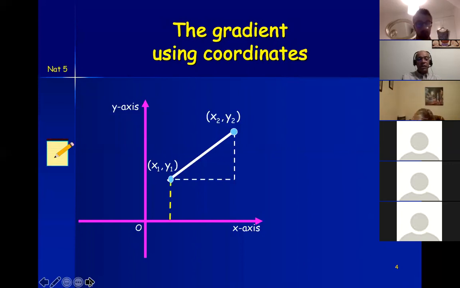So let's try and see if we can figure out, using x2, y2, and x1, y1, how to calculate the gradient. The first thing here, you've got the first point, x1, y1. x1 is that distance there, and y1 is that distance there.